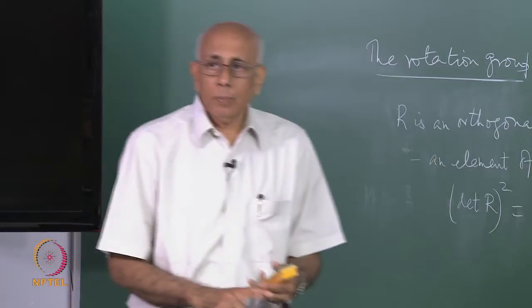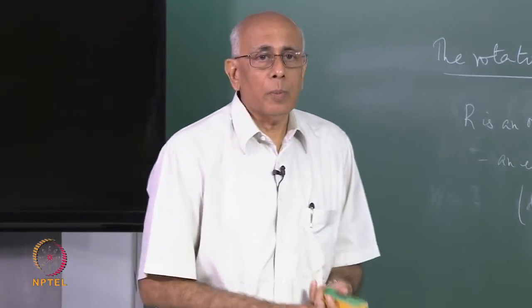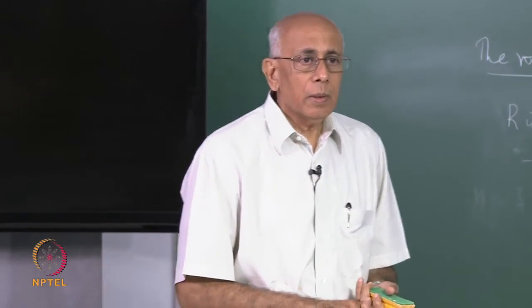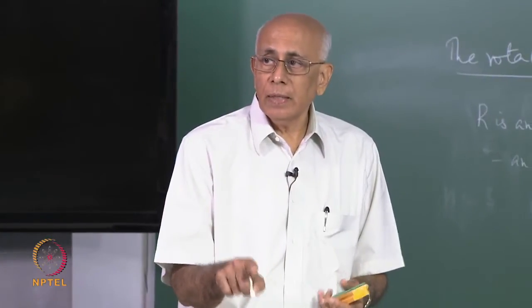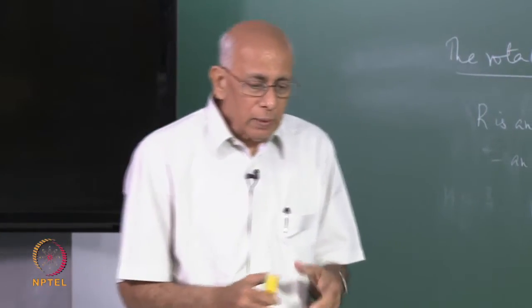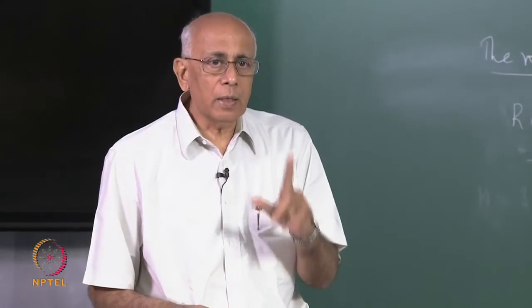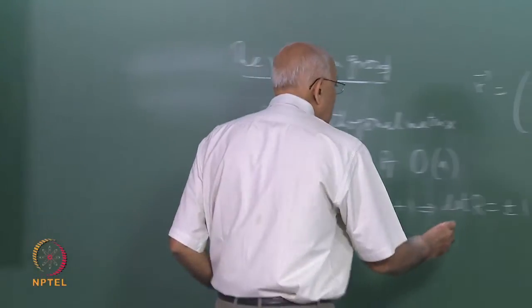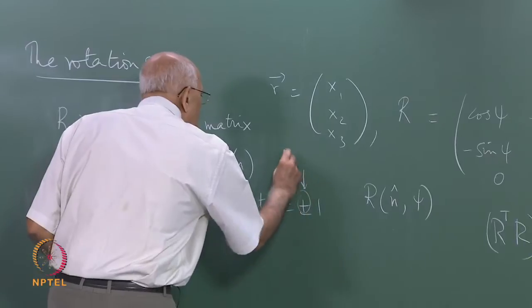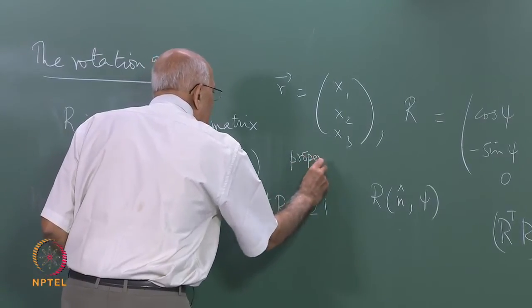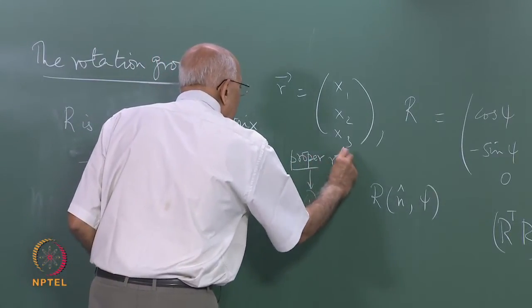Now matrices with plus 1 determinant we call proper rotations, because the identity transformation itself has determinant plus 1, and this means that all those matrices with determinant +1 correspond to proper rotations.